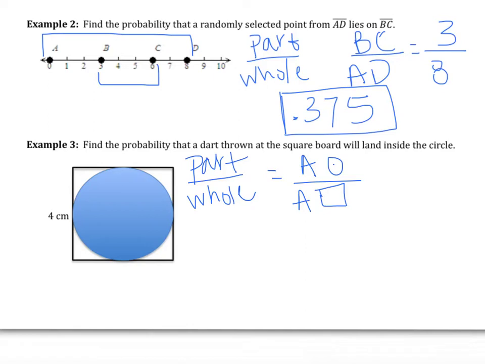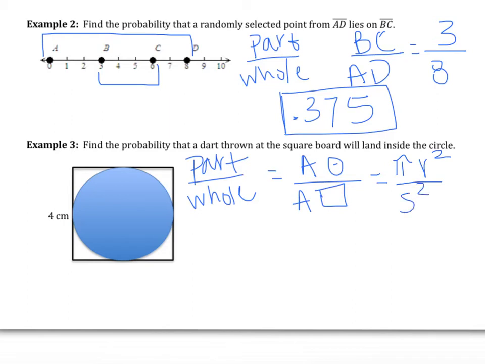Okay, so we know that the area of a circle is going to be pi times the radius squared. And we know that the area of any square is always its side length squared.